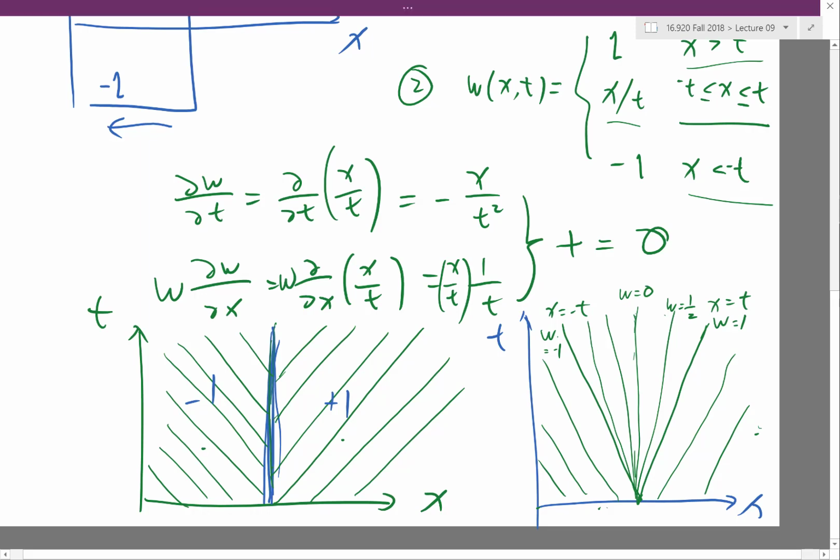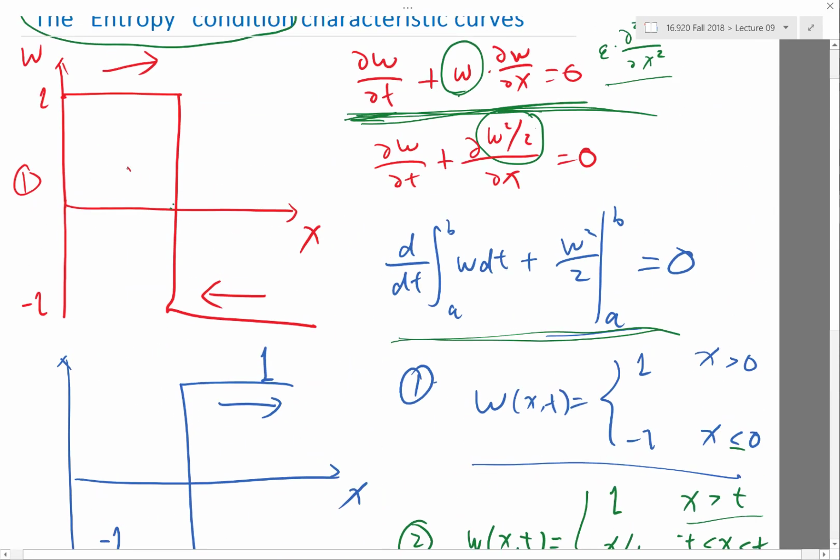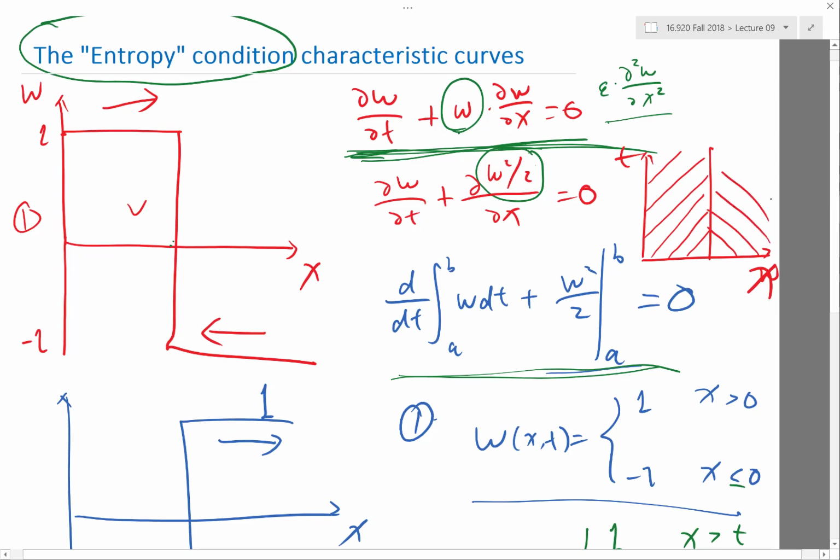Okay, we can also see why the entropy condition is satisfied for this case. In this case, we have an X and T diagram with a discontinuity over here. The difference is that on the left, the characteristic is moving into the discontinuity, and on the right, the characteristics are also moving into the discontinuity.